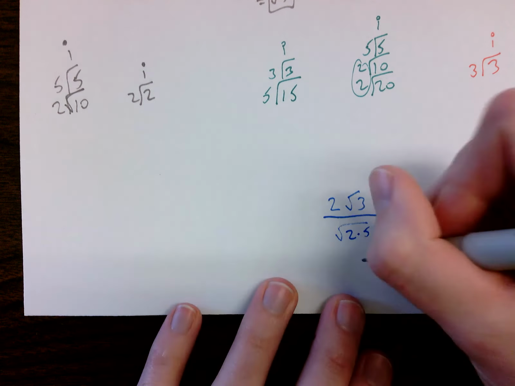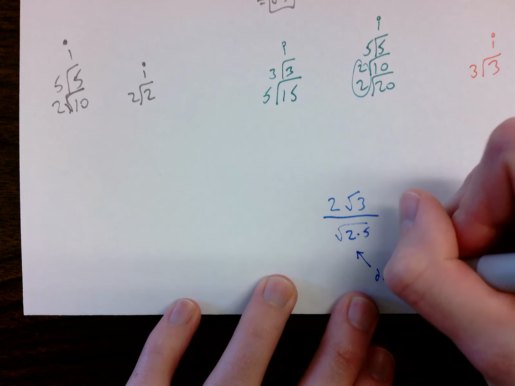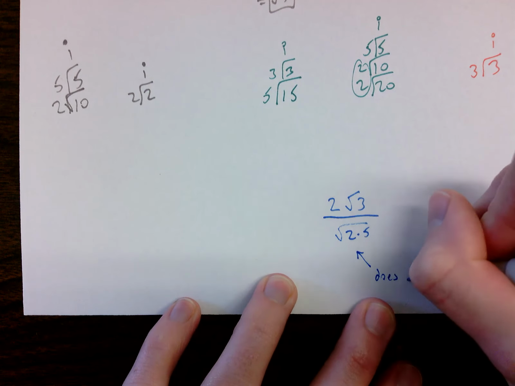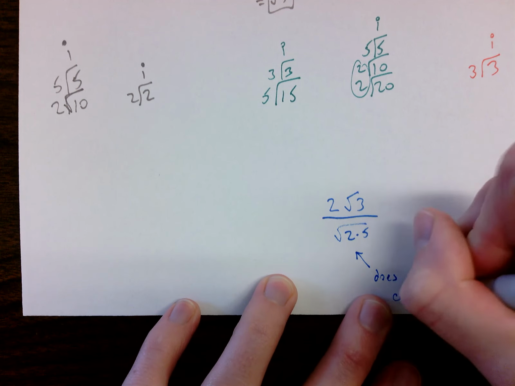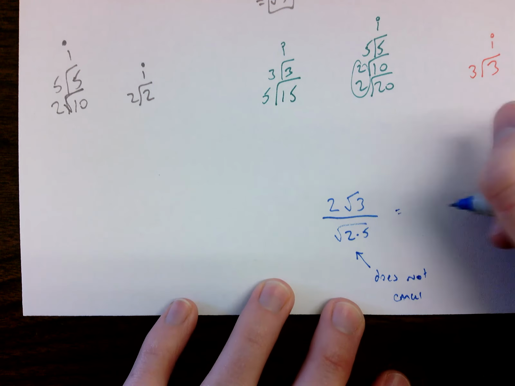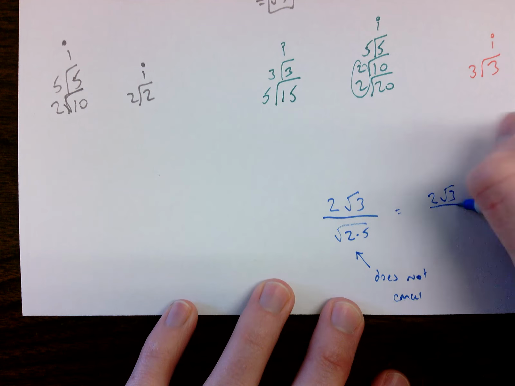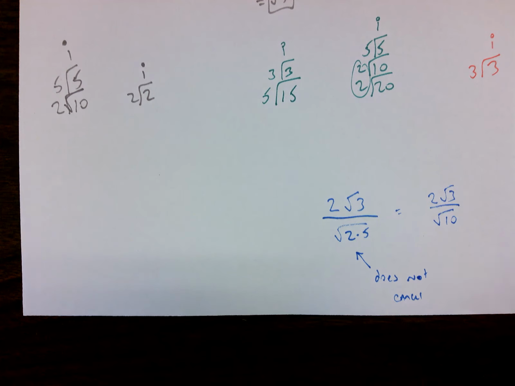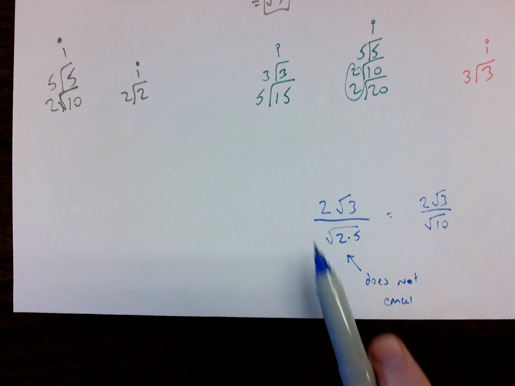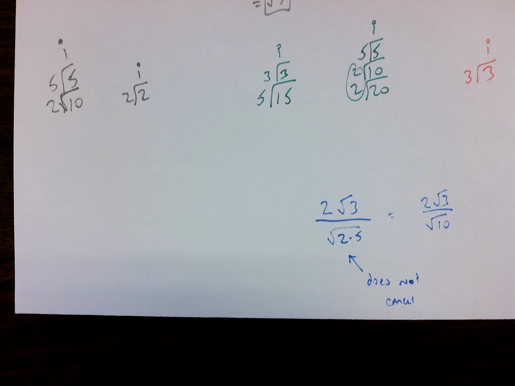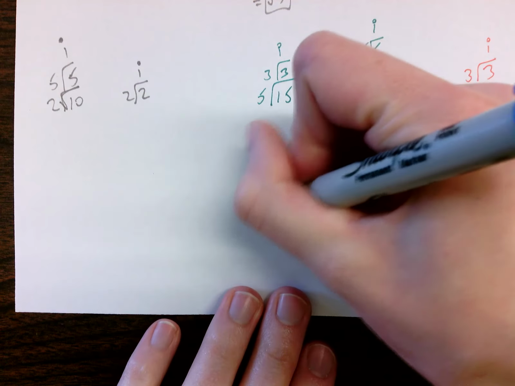So this would be an example where this does not cancel. All you could do with this guy would be to just put it back together like that. So if one's on the inside of the radical and one's on the outside, even though they're the same 2, you can't cancel them out because one's technically a square root of 2 and that's a different number. Okay, so this is just one little extra example to watch out for.